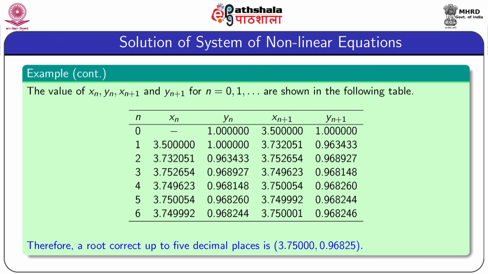So, for the same example, we have seen that the Seidel iteration method gives a more rapid convergence scheme than the fixed point iteration scheme. Two iterative methods, the first one called fixed point iteration and the second one called Seidel iteration, are described to find a root of a system of nonlinear equations, particularly a pair of nonlinear equations.